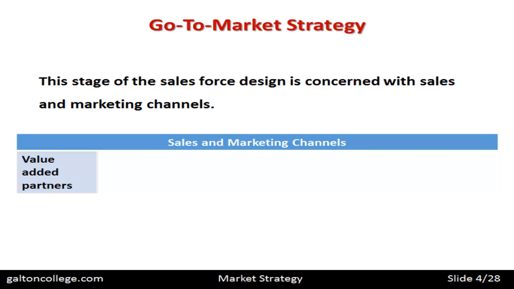The department store needs to sell the products, otherwise it won't buy any more off the manufacturer. So they are in a sense collaborating. They're trying to help each other to make the sales. They're value-added partners, and this happens right throughout industry.